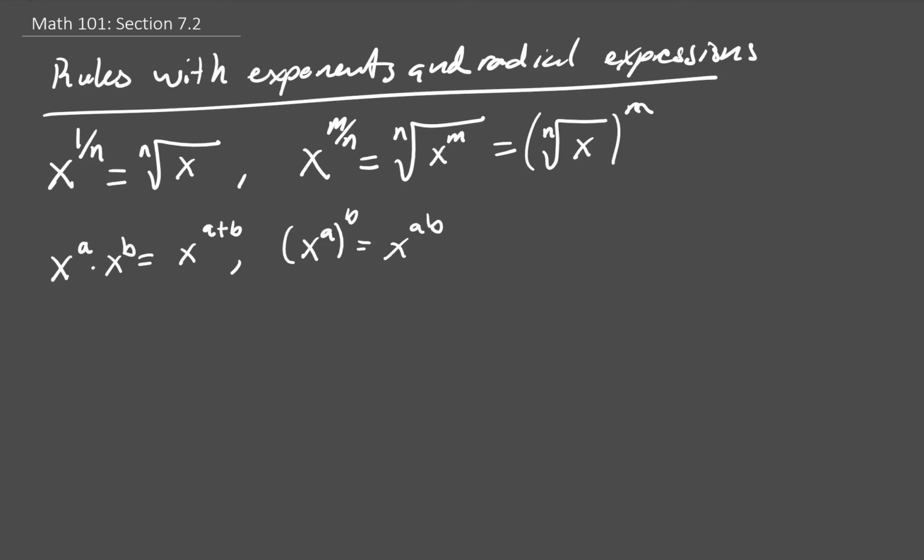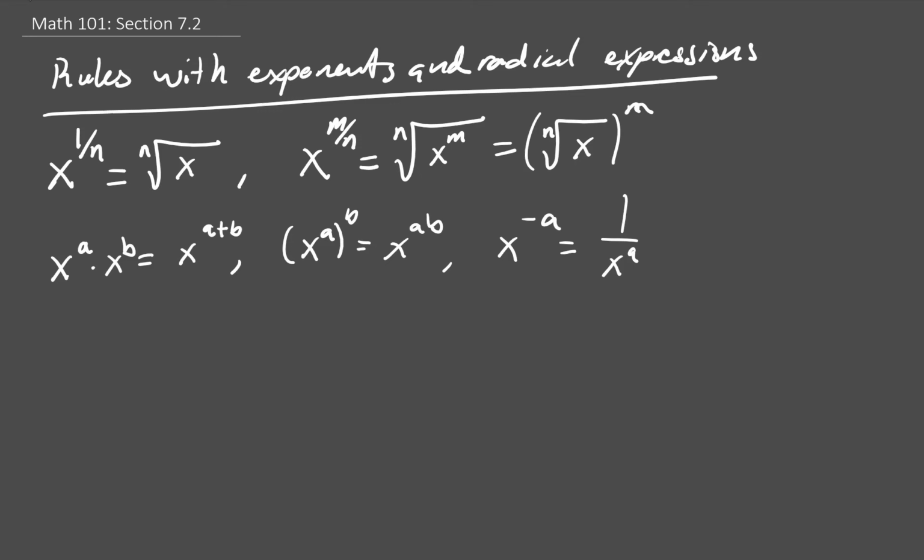If I've got b copies of a copies of x, I've got a times b copies of x. I've got x to the negative a, that's also written as 1 over x to the a. That's a pretty common one. And these are our basic exponent rules.